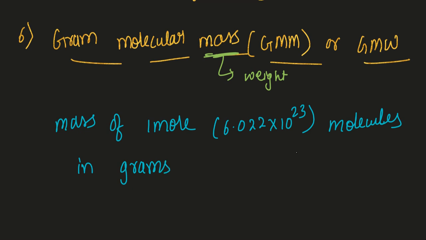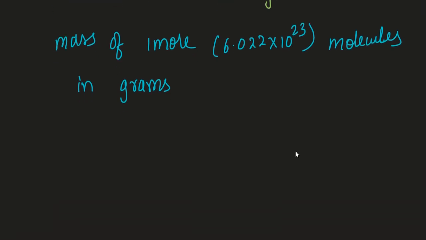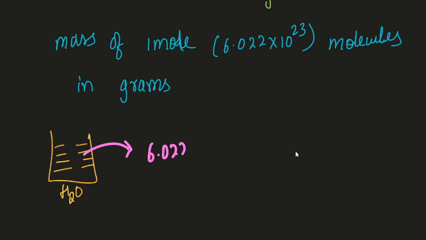Let us try to understand mass of 1 mole. For example, once again I take a beaker of water with a lot of water molecules inside. From this I'm going to take a total of 6.022 × 10^23 molecules of H2O.